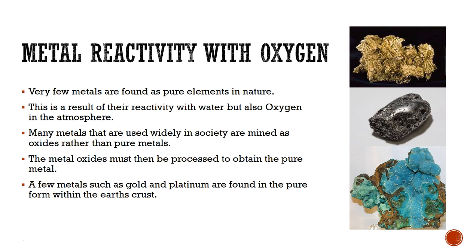With oxygen, we see much the same thing. Because metals tend to react quite readily with oxygen, the more reactive they are, the less likely we are to find them in the Earth's crust, because they will have reacted with the atmosphere and formed what we call ores.